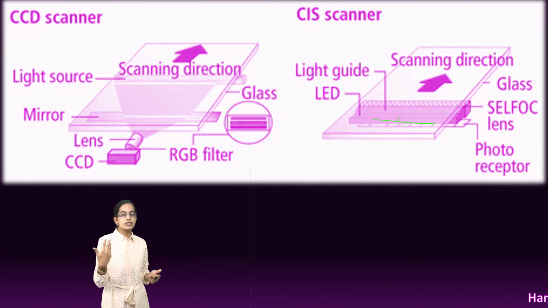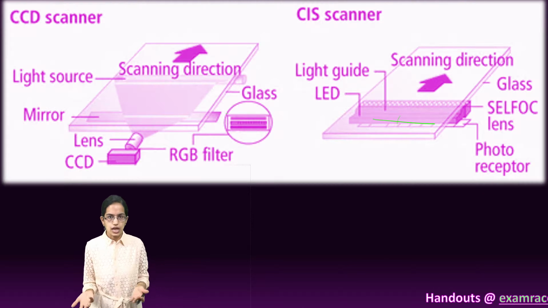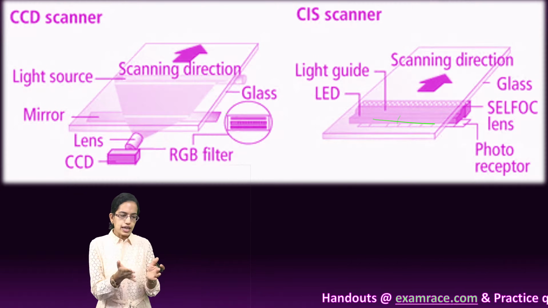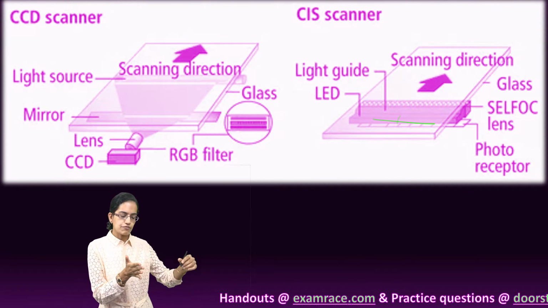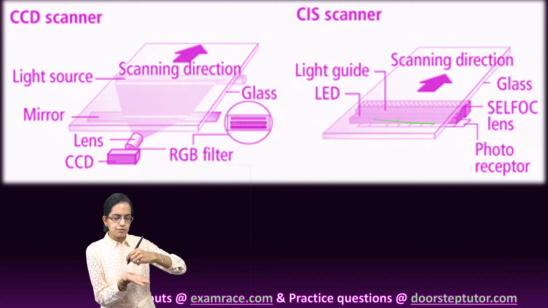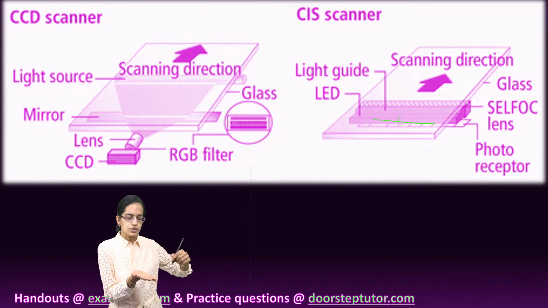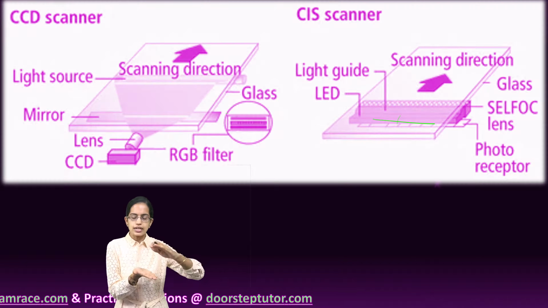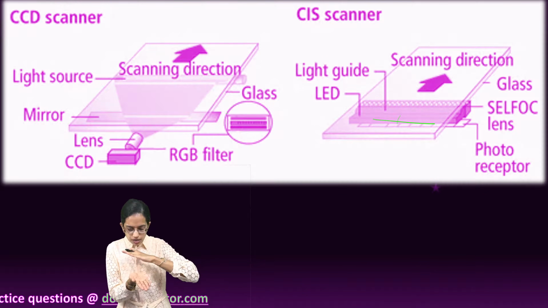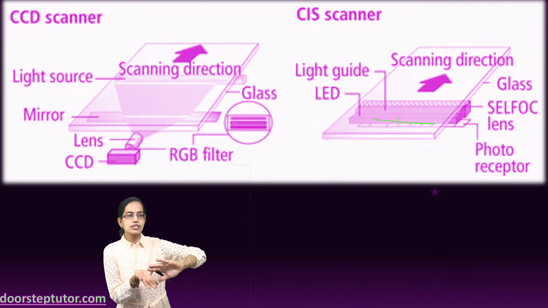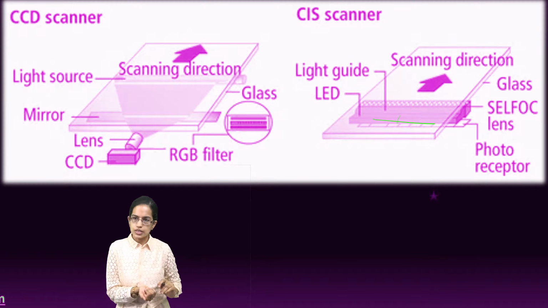It is equipped with special sensors, for example the charge coupled devices, and they are arranged in a specific pattern, and when they are scanning, they are providing a digital value to each of the points that is being scanned, and finally the input that you are providing appears as the same output on the computer screen.